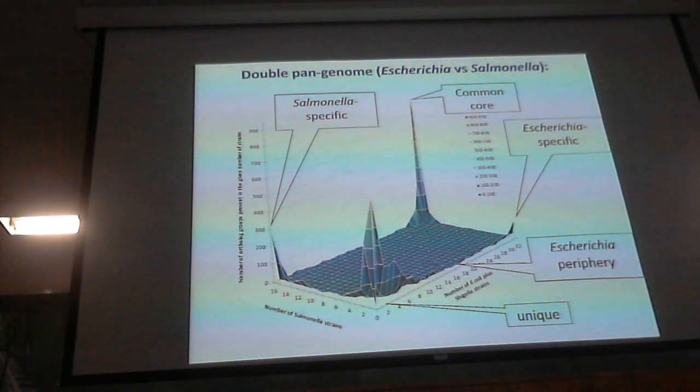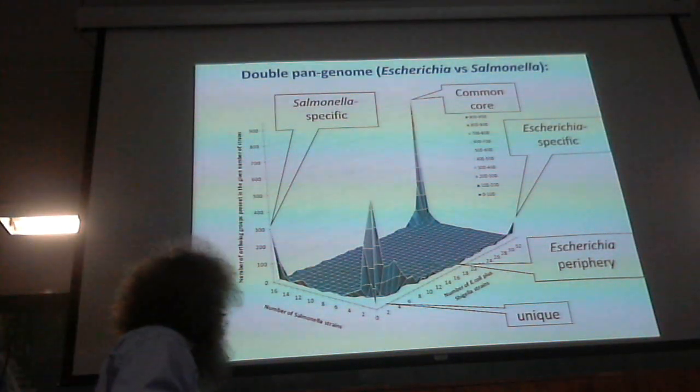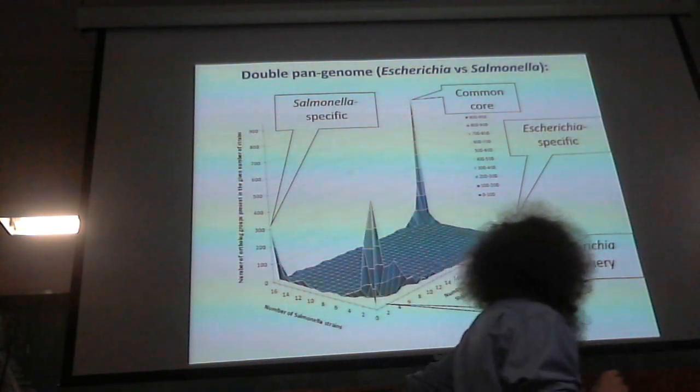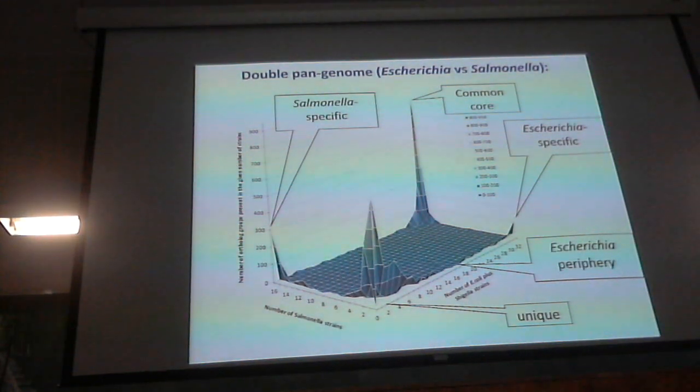And then you have two nice, smaller, but quite prominent peaks, which represent genes which are universal and specific to species. We have about 300 genes present in all Salmonella strains and completely absent in Escherichias, and vice versa.